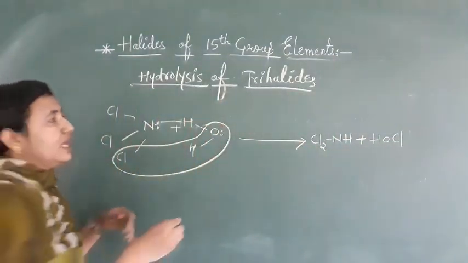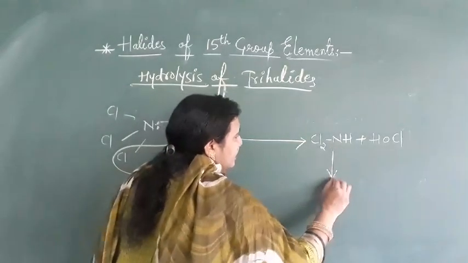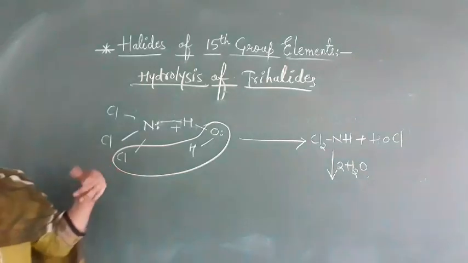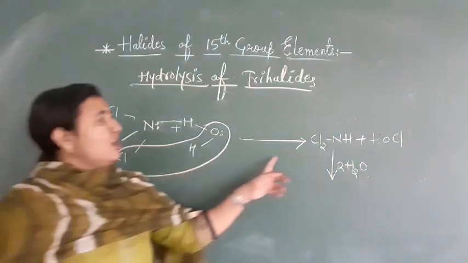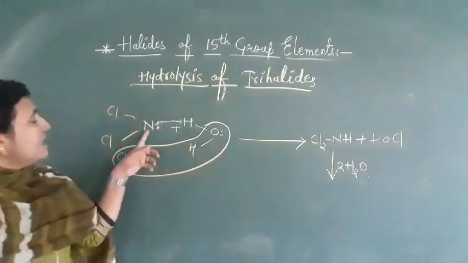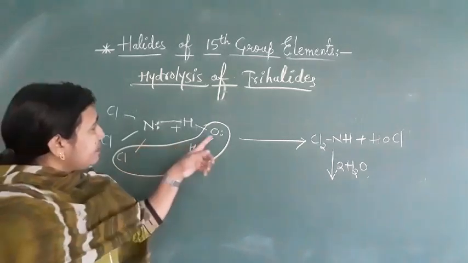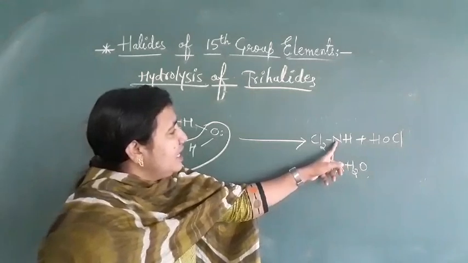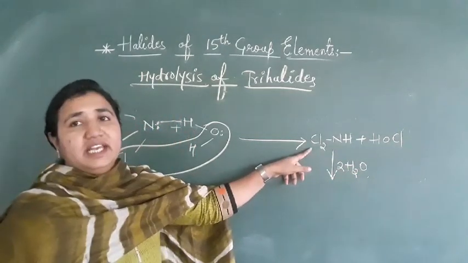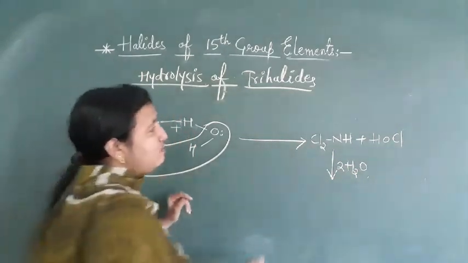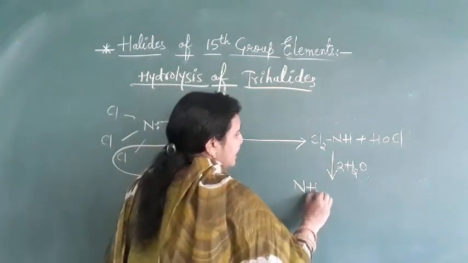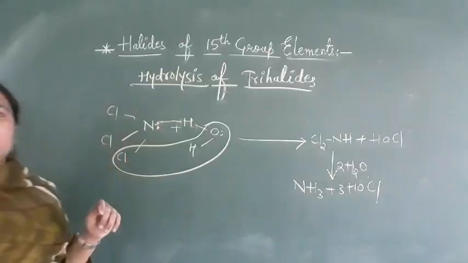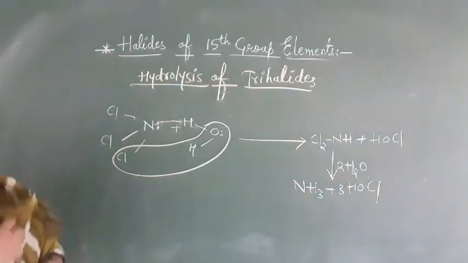Similarly, the same reaction will take place with two more water molecules. They will attack the nitrogen. This H will make a hydrogen bond with this nitrogen, and OH will go with the Cl. So 3HOCl will form, and we will get NH3 plus 3HOCl.